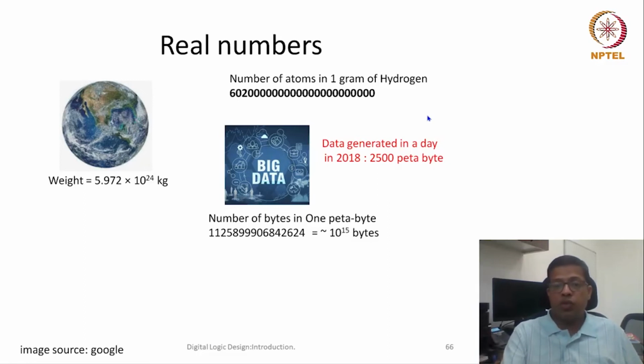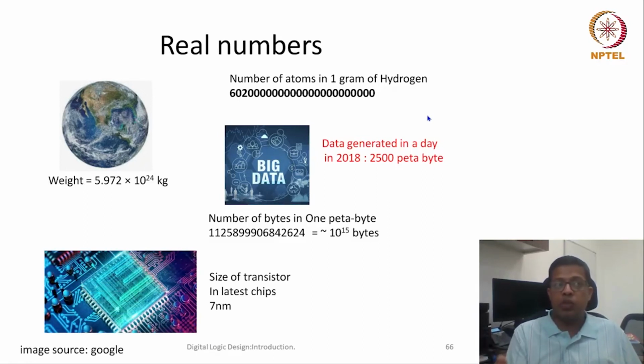And it's not the question of only large numbers, there are small numbers also. For example, the size of transistors in the latest VLSI chips is around 7 nanometer. 7 nanometer means 7 × 10^-9, quite small.